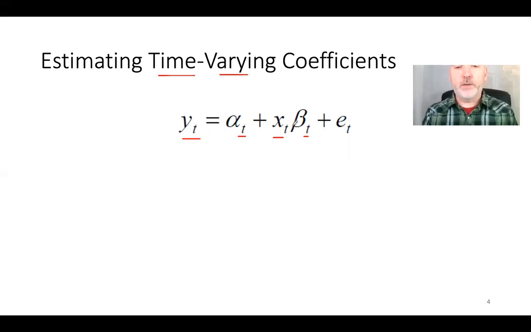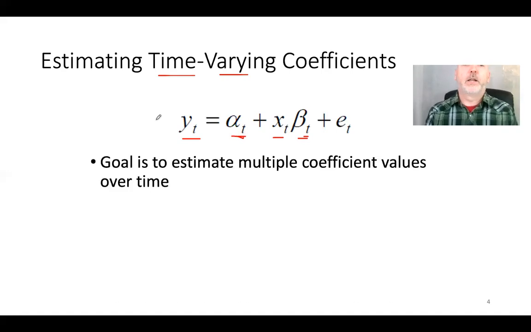But here, we want to get as close as we can to this scenario where we imagine that the slope term, the beta, and the intercept, the alpha, potentially have a different value every time period in your sample. Obviously, an extreme case of instability. Wouldn't it be great if we could actually estimate those coefficient values at different points over time?